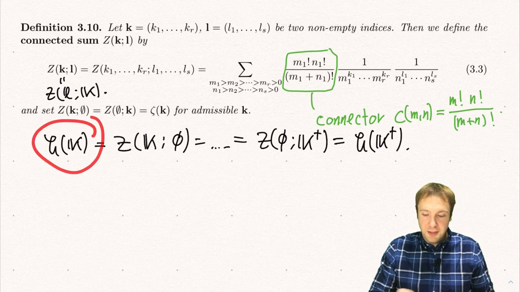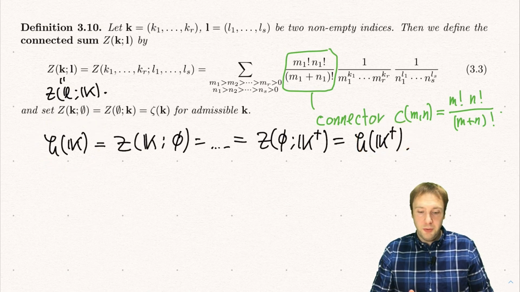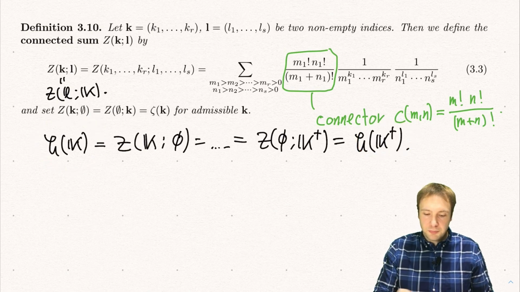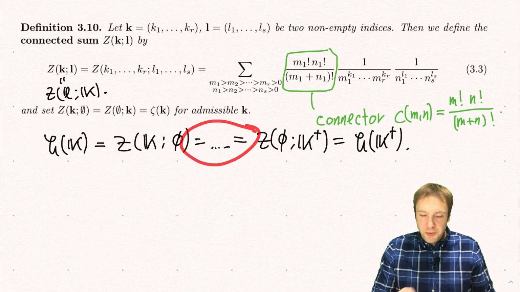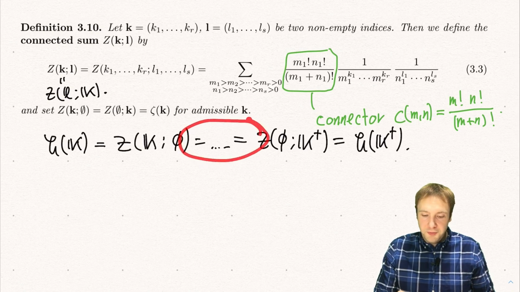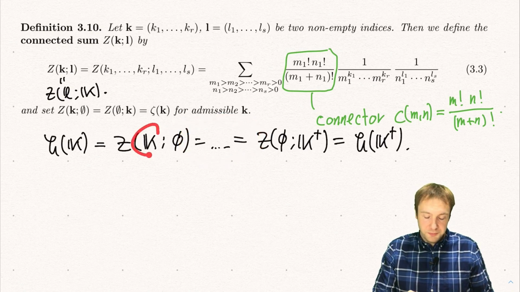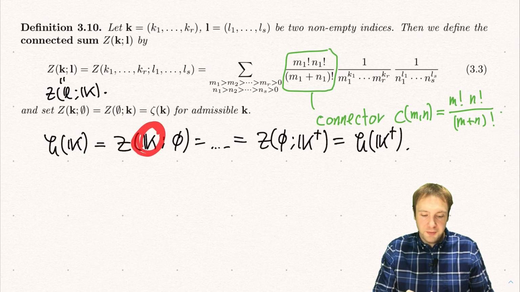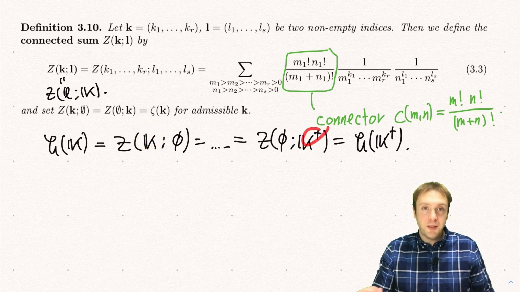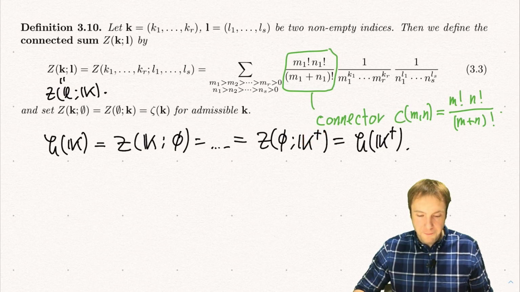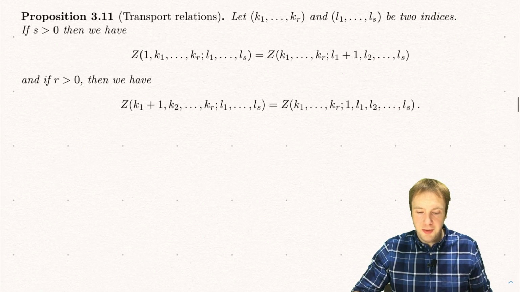Then we see that zeta(k) equals zeta(k dagger), and therefore we get the duality. What I want to explain now is what these transport relations are: how do we transport this index from the left-hand side to the right-hand side, and why do we get the dual index there?